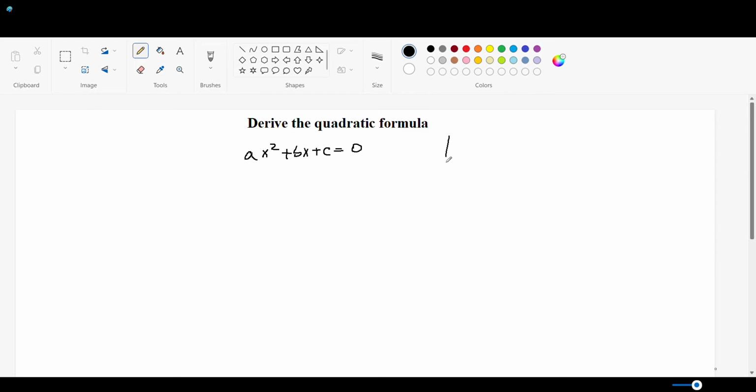So the first step we do is we create a monic quadratic equation by multiplying both sides with the fraction 1 over a. So then it becomes something like this.